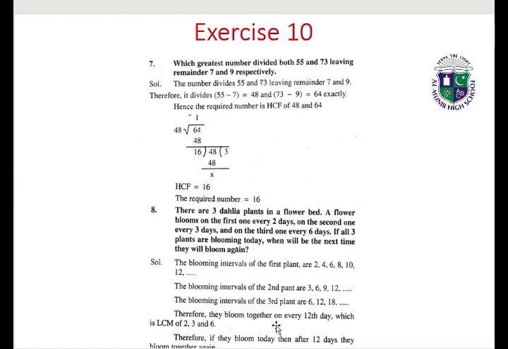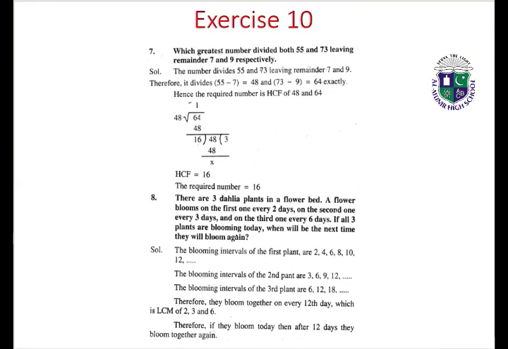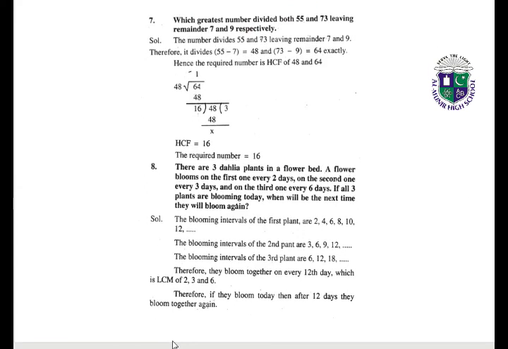Therefore they bloom together on every 12th day, which is the least common multiple of 2, 3 and 6. Therefore if they bloom today, then after 12 days they bloom together again.